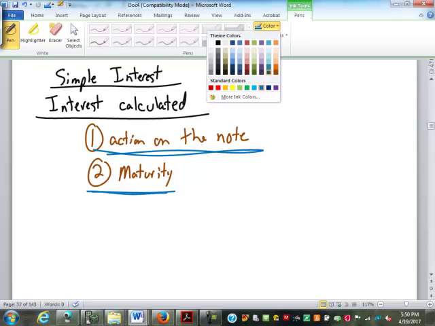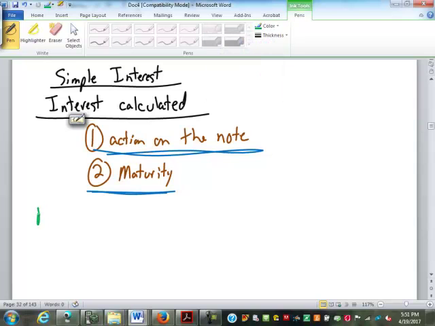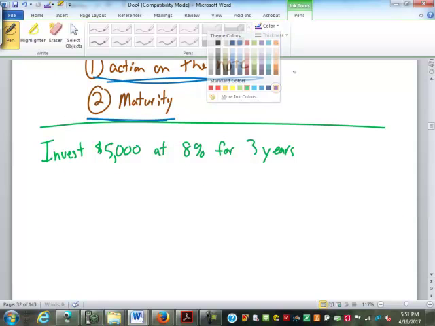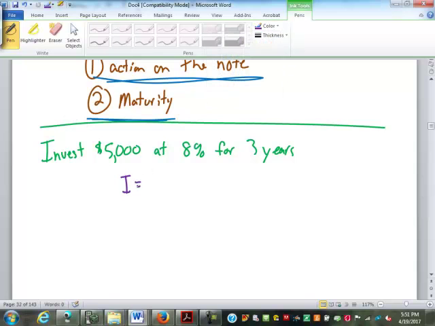So an example of that was, let's go the other way. Borrowing, we're getting too depressed with the borrowing. Let's say you invest money. So you invest $5,000 at 8% for 3 years. How much would you have left at the end of the 3 years? Well, we would find the interest first. 5,000 times 0.08 times 3.